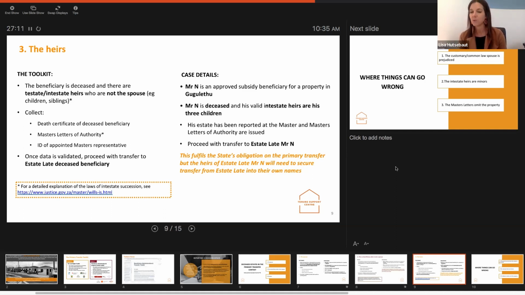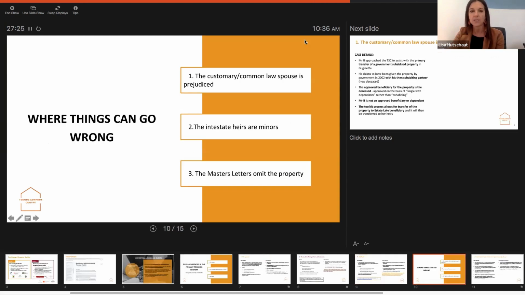And then once you're happy with all of that information and it all stacks up, you would be able to proceed with your transfer to the estate late. And again, it's exactly the same process as your normal core transfer process.